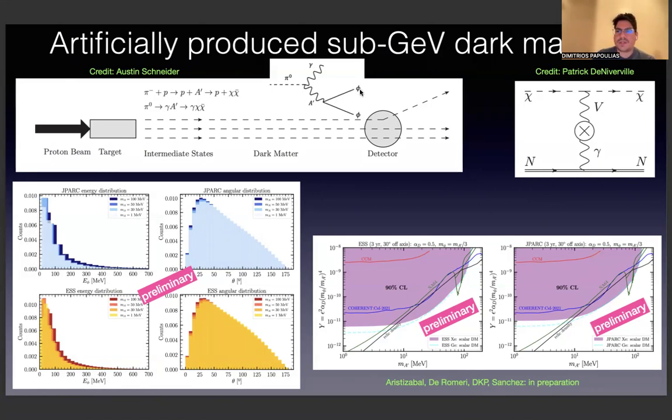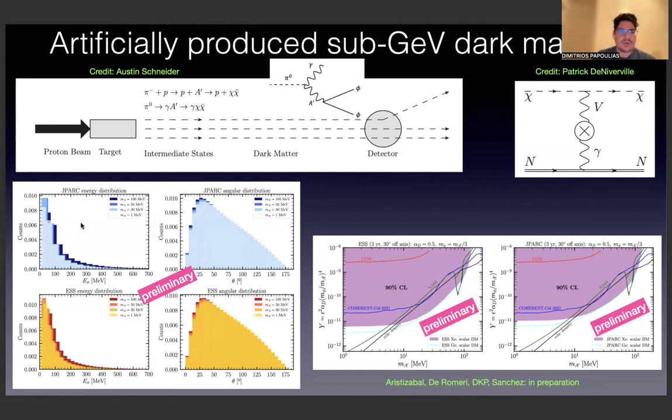Here we assume the case of scalar dark matter, not fermionic dark matter, because the latter is constrained by the CMB, is excluded by the CMB. So these dark matter particles eventually will reach the detector and interact through this diagram with a nuclear target. So we have performed simulations of the spallation source, assuming all the ingredients, the operation power, the detector dimensions, and everything.